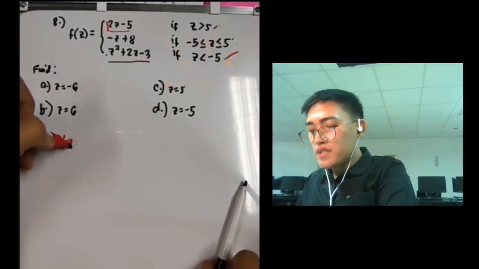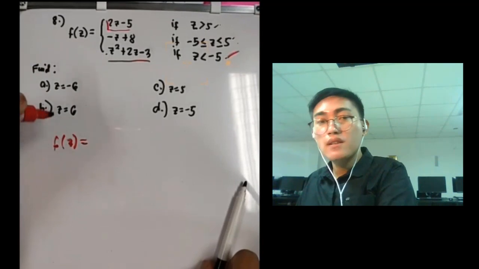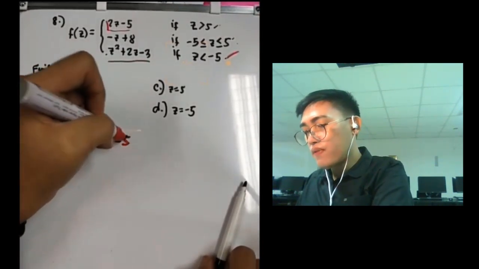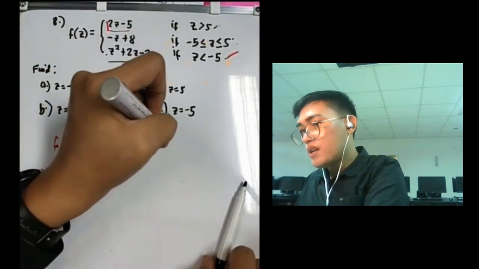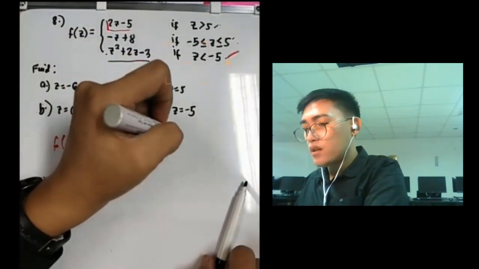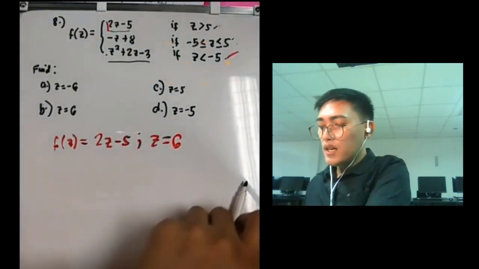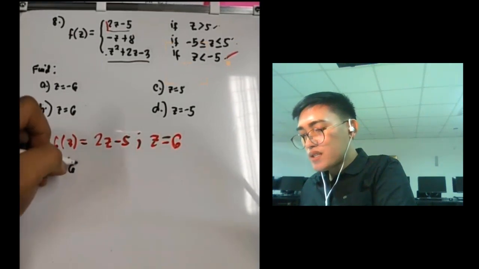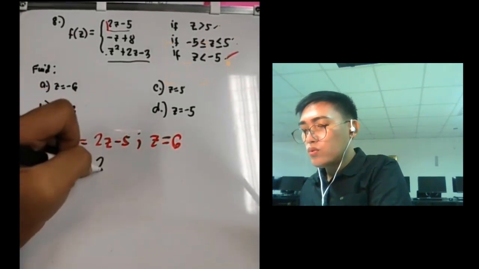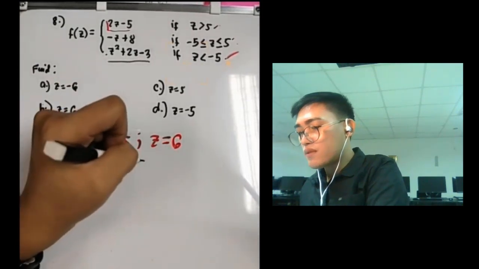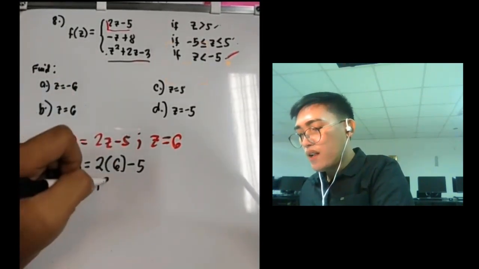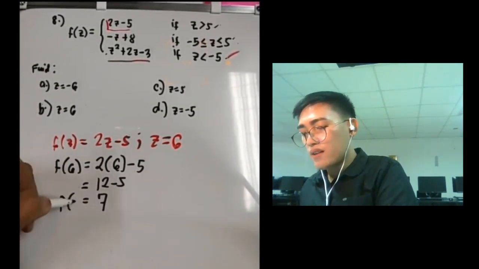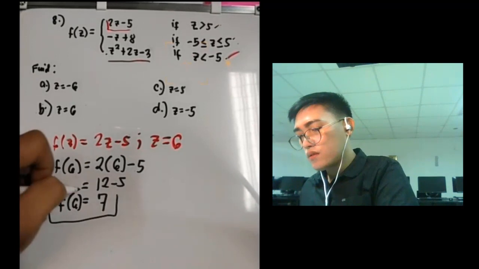F of z equals 2z less 5, z equals 6. Let's solve this. F of 6 equals 2, the quantity of 6 less 5, 12 less 5, we got 7. That's it.